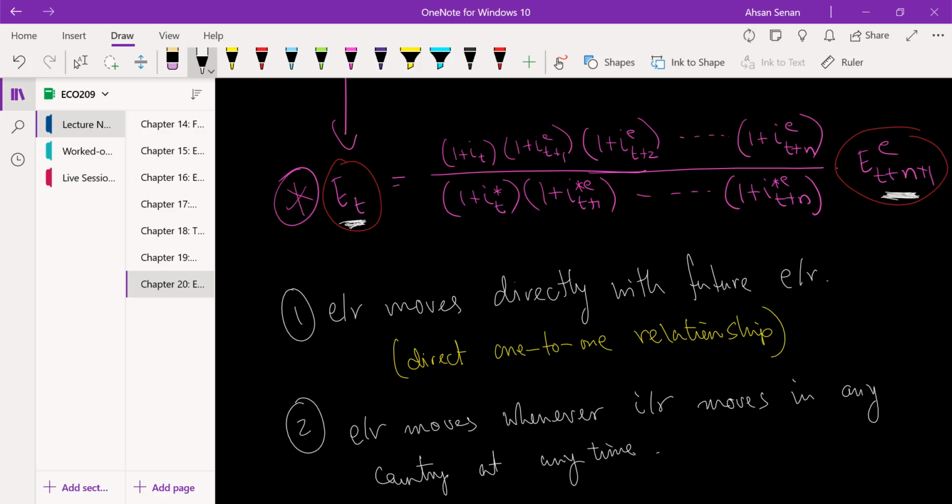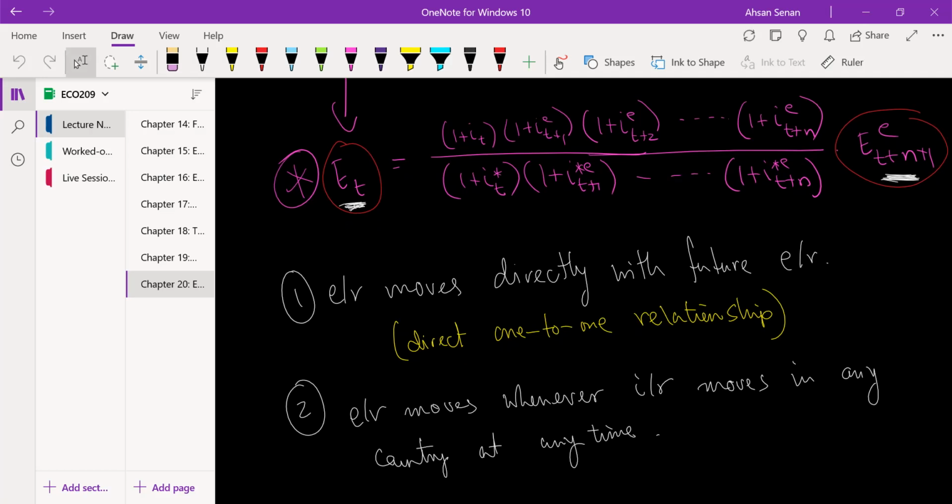First of all, not only will the exchange rate change whenever there's a change in the interest rate in Bangladesh, it will also change whenever there's a change in interest rate in India, in USA, in any other country. It's all part of it. That's one. Second of all, this change can come at any time.